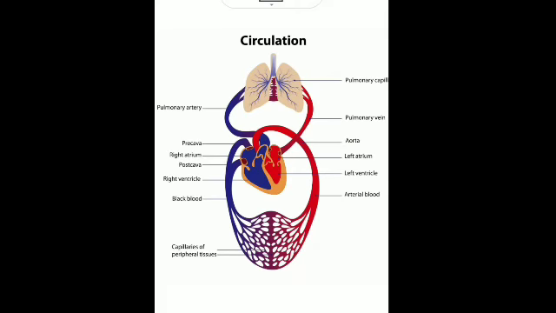So the contraction and relaxation occur in a rhythmic manner, that is repeating the same thing again and again, and it is happening on its own. This contraction and relaxation occurs till a person is alive. That is why this circulation is also known as the double circulation.